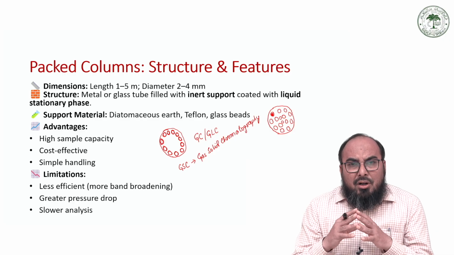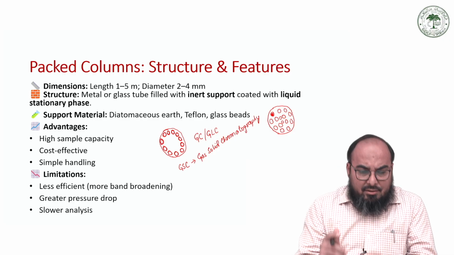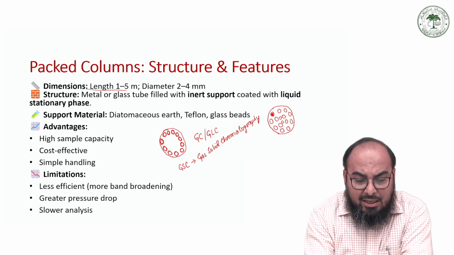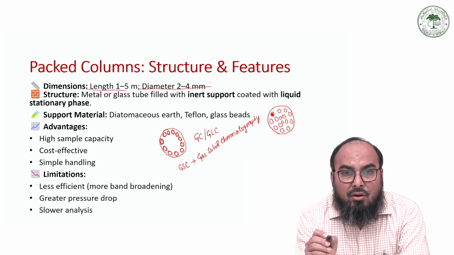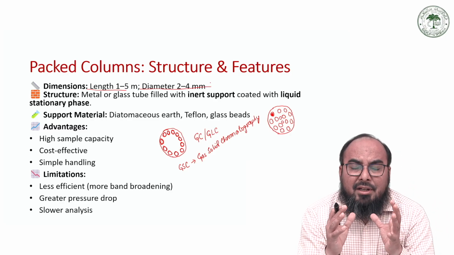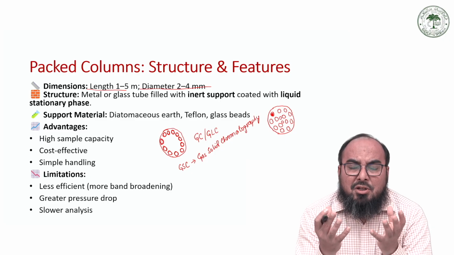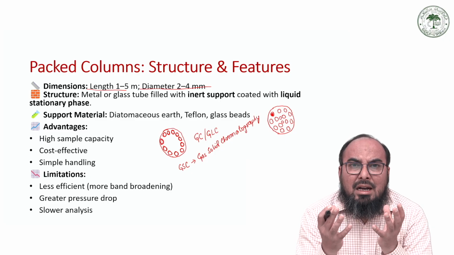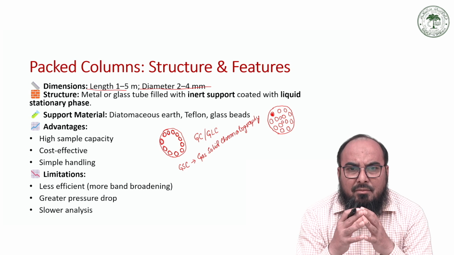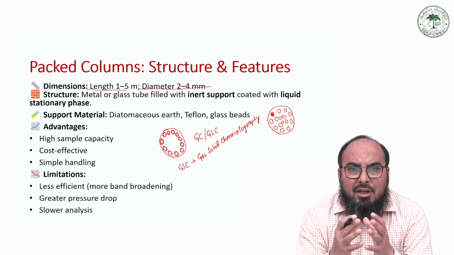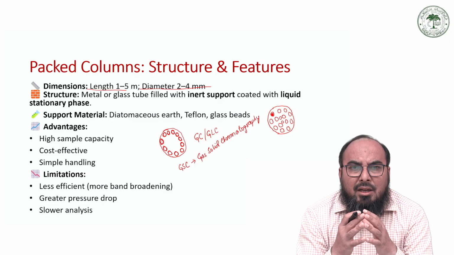What is important when we talk about the packed column is that the length is small, only 1 to 5 meters, and the diameter is large. This big diameter gives you an opportunity to separate a large quantity of sample in a single go.